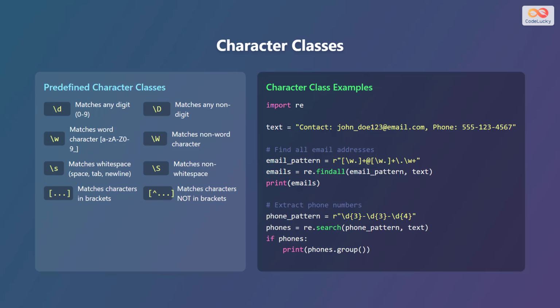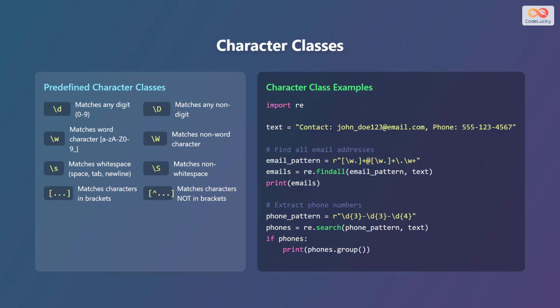Here is an example demonstrating character classes. First, we import the re module. Next, we have a text string: "Contact john_doe123@email.com. Phone 555-123-4567." We can find all email addresses using the pattern r"\w+@\w+\.\w+".